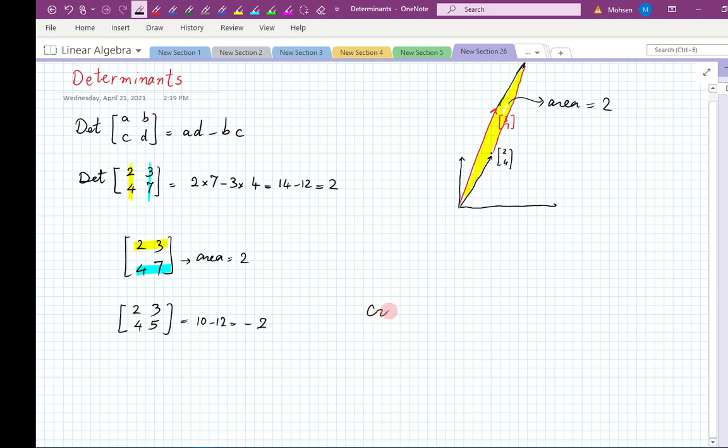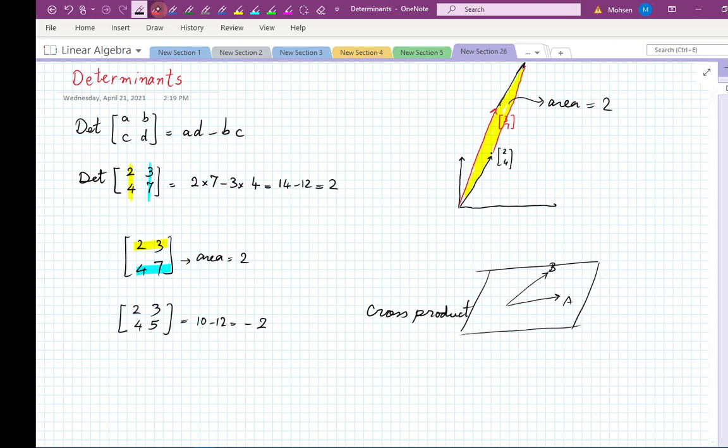You remember, long time ago we had the cross product. If you had a vector A and another vector B which are sitting on a plane, then the cross product of them is a vector that is perpendicular to both of them.